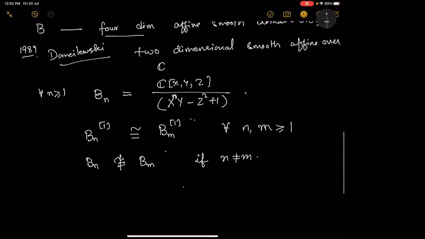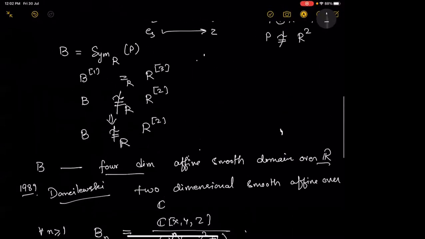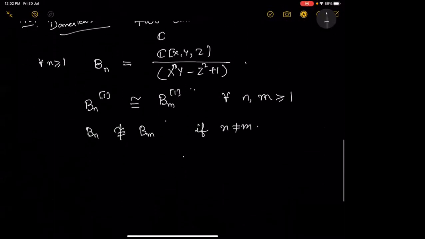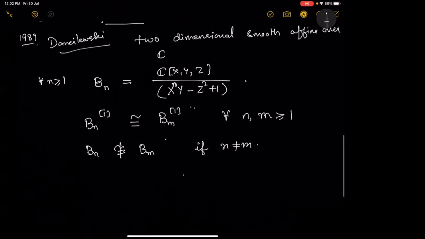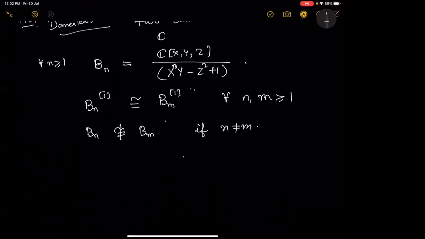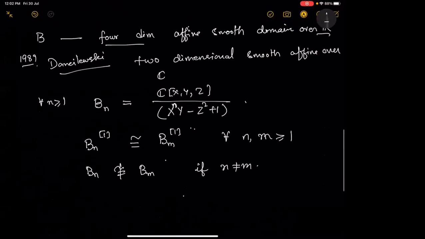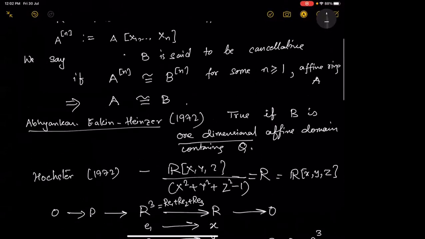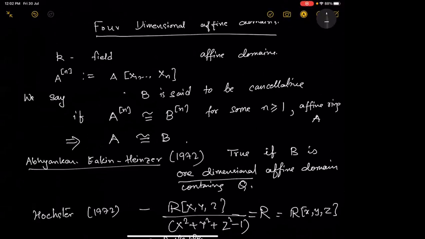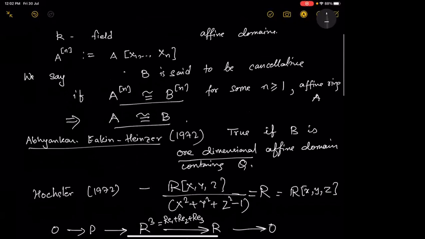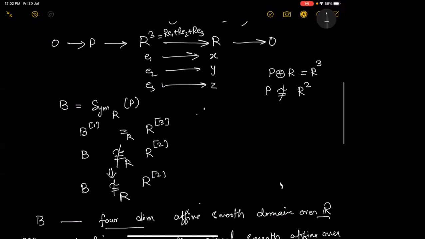So this was, I would say, a very good achievement. And after this, using this example, you can construct examples in higher dimension over any field K. And so in general, the cancellation problem, A[x] isomorphic to B[x] implies A is isomorphic to B, does not have an affirmative solution when the dimension of the ring is greater than or equal to 2.